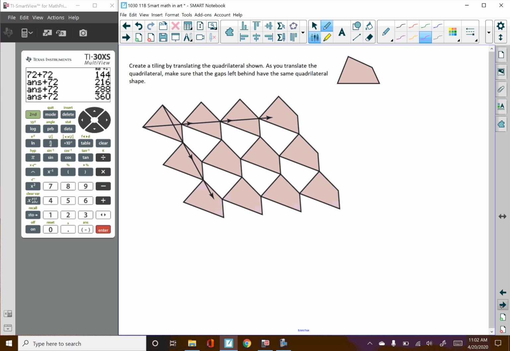So I'm just going to show you a couple tilings and then we're done. So if you have a shape like a quadrilateral and you want to tile it, what you would do is follow along the diagonals and repeat the shape. So a quadrilateral has two diagonals, one in this direction and one in this direction, and you would just repeat the shape along the diagonals, and then you would see that diagonal repetition happening over and over again.